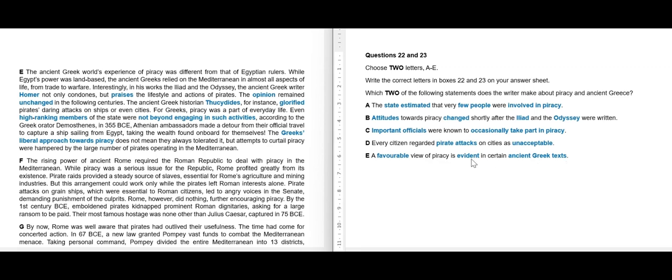In this paragraph, two writers, Homer and Thucydides, are mentioned, and each writer either praised or glorified, which means they had a favorable view of pirates or piracy, which is exactly what the option E is saying. Hence, it is our second correct option.